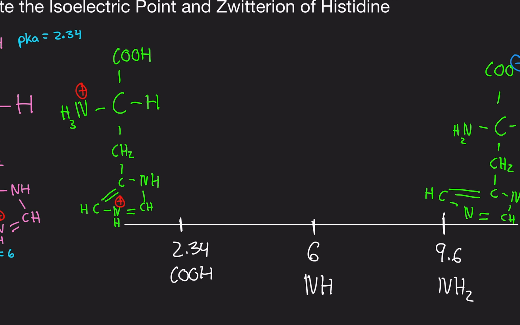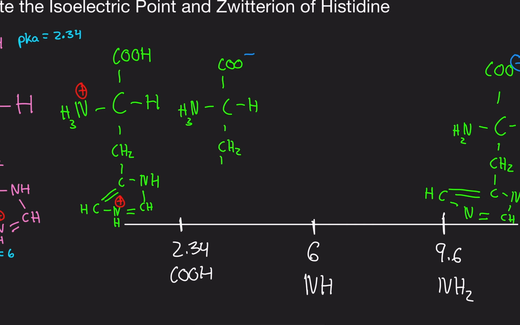Now, let's do this section right here, this boundary here. So we're crossing the carboxylic acid boundary. We're going this way now. So the only thing we deprotonate is the carboxylic acid. The NH3 stays as NH3 because we did not cross that NH3 boundary.